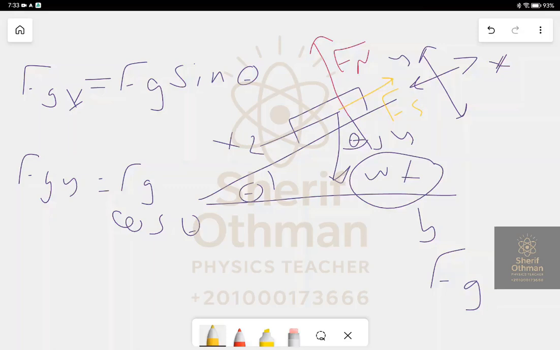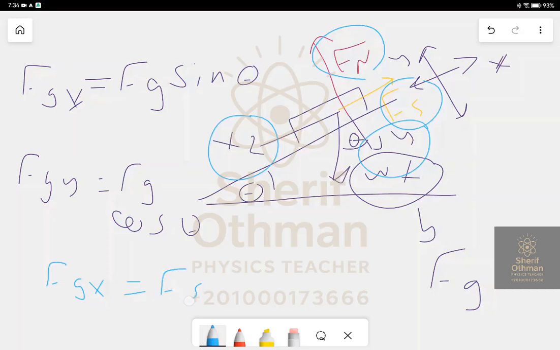So we have four forces now: Fgx, Fgy, Fn, and Fs. Fgx is equal to Fs, while Fgy is equal to Fn.